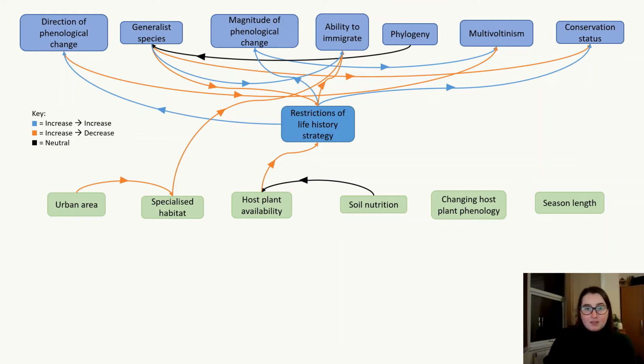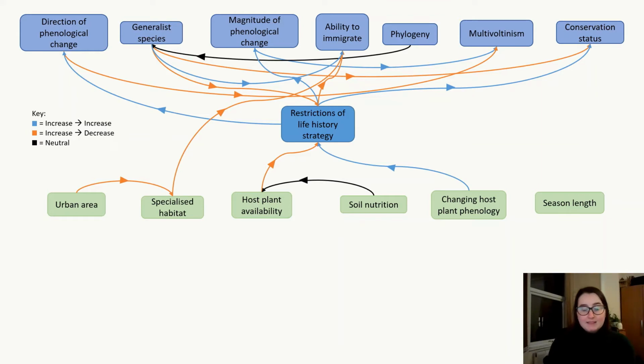In the same way, host plant phenology is really important, because the availability of plants at the right time can be really crucial. So some species of moth rely on the young leaves on trees. So for example, oak trees, it has been found that oak trees are leafing out earlier now, and this can be really impactful on species that rely on those early leaves, because they might not have changed their phenology at the same rate that the oak tree is.